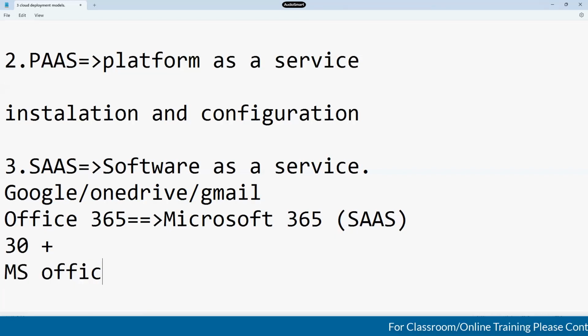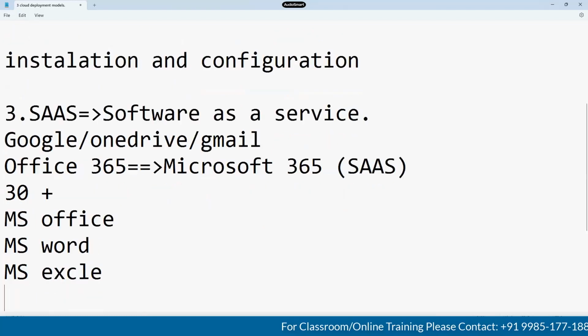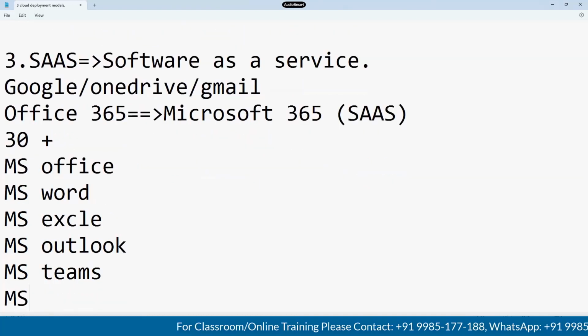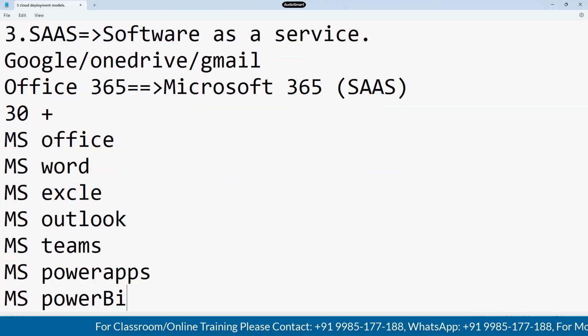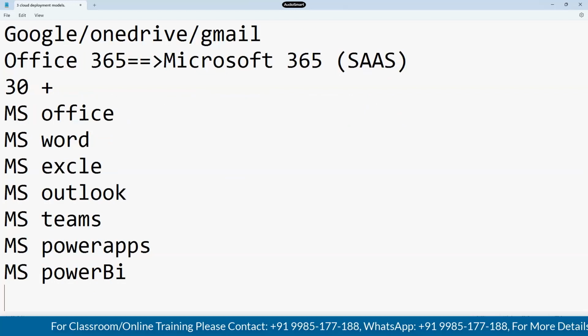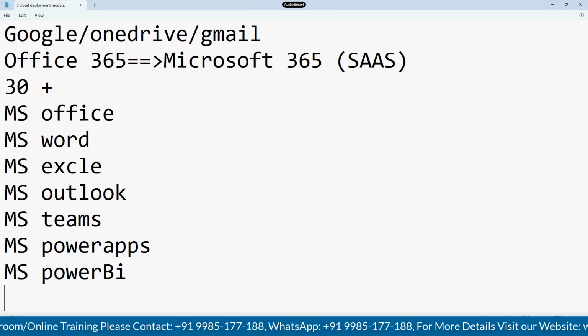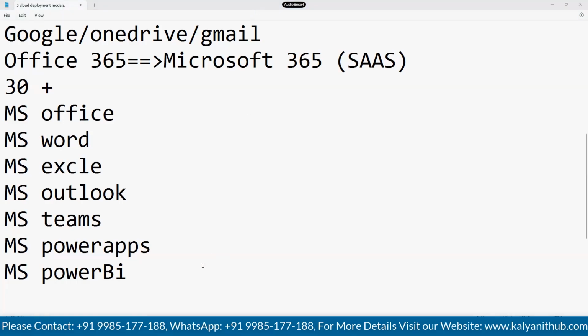Under MS Office we have MS Word, MS Excel, Microsoft Outlook, MS Teams, Microsoft Power Apps, Power BI. All these things come under the Office 365 components.